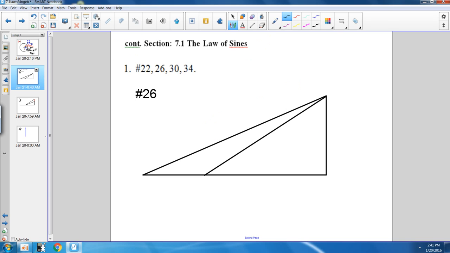Problem number 2. This is number 26. And what I want to do is read the problem, and at the same time, I want to go ahead and fill in the parts of this diagram. So it says, angle of elevation. A person standing on the street looks up to the top of the building and finds the angle of elevation is 38 degrees.